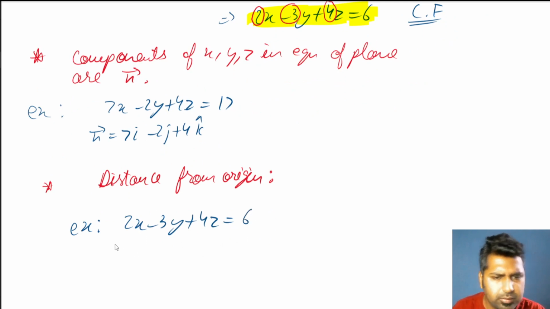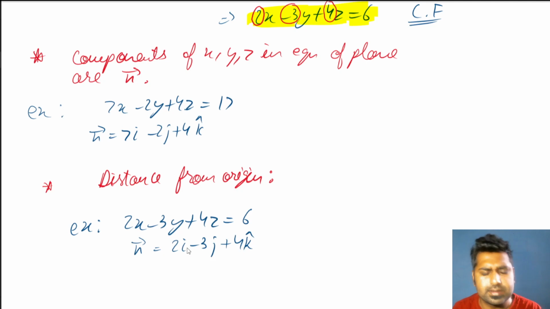The moment you see this, you know the normal vector is 2i minus 3j plus 4k. By just looking at this vector, you know this is not a unit vector, because the square root of 2 squared, 3 squared, 4 squared will not come 1. So it's not a unit vector.